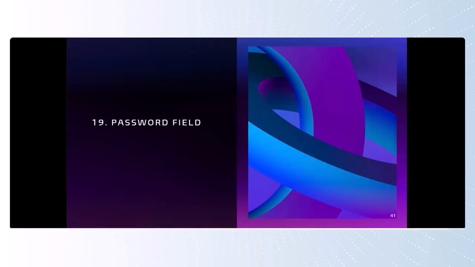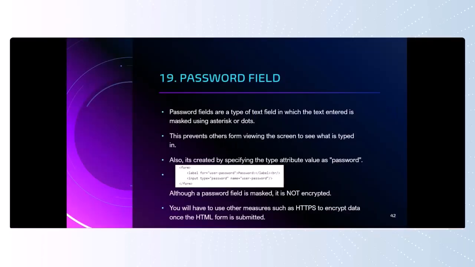The password field, what is a password field? Password fields are a type of text field in which the text entered is masked using asterisks or dots. That way it's kept secret, so it's not viewable. This prevents others from viewing the screen to see what is typed, and it's created by specifying the type attribute value as password.